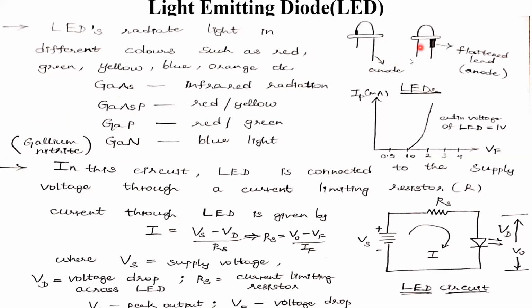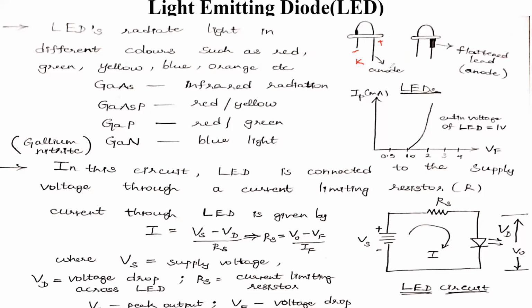This is the structure of an LED. This is the long terminal. The long terminal indicates positive and the short terminal indicates negative here. This is the anode terminal and this is the cathode terminal.